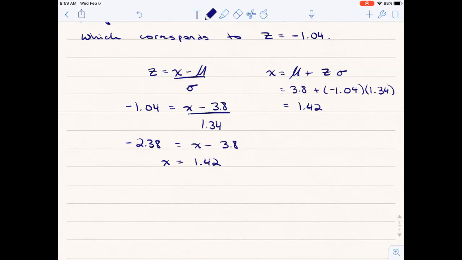So you'll get the same answer. I like to solve for things. I just like having one formula and then I solve for whatever I need. So I don't actually use that x formula. It's just z rearranged.